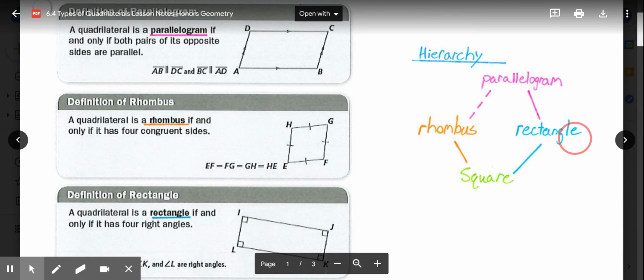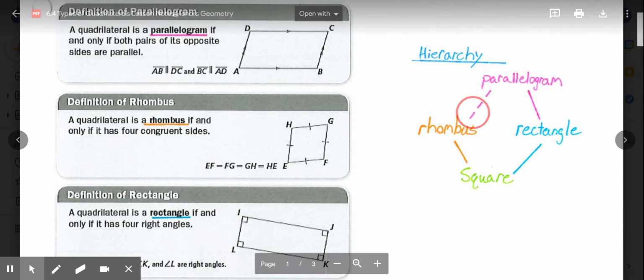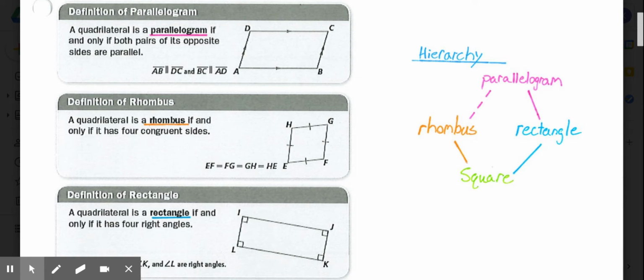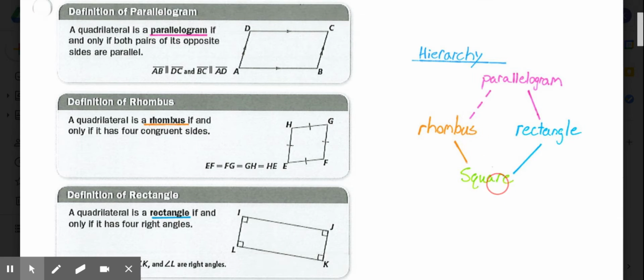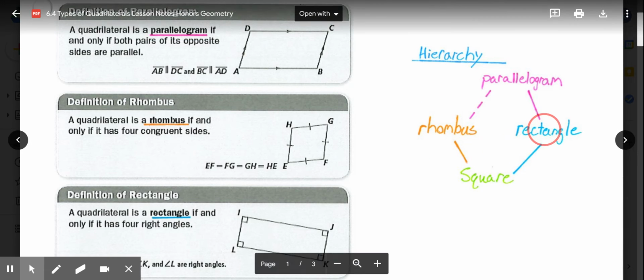And rectangles always are special types of parallelograms. The dashed line here to rhombus means that rhombi, or rhombuses, can be a type of parallelogram, but don't always have to be. And then a rectangle and a rhombus both go down to a square because a square is a special type of rhombus and a special type of rectangle.